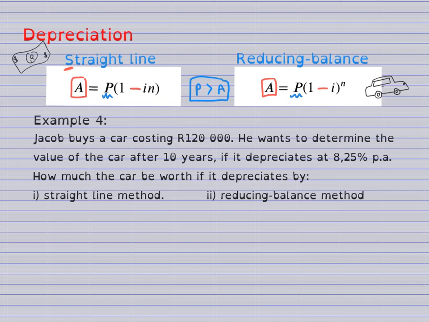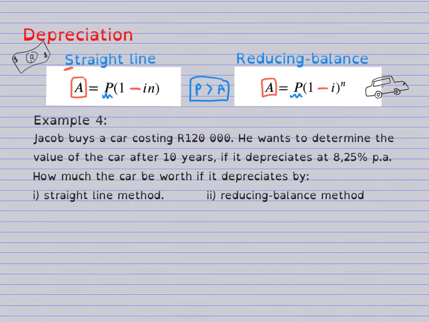It's important to note, grade 12s, that your item will only lose value once a year when you're using these depreciation formulae. You don't have to worry about compounding, let's say monthly, quarterly, semi-annually. You don't have to take that into consideration. This will always just happen once a year.